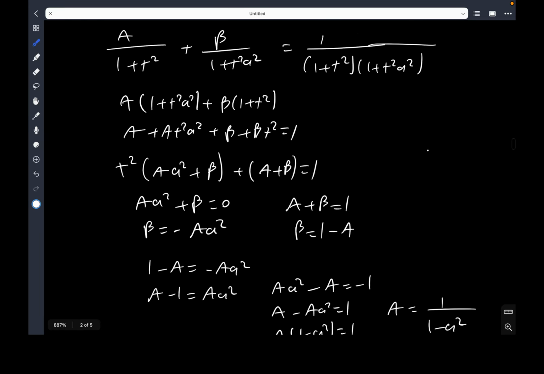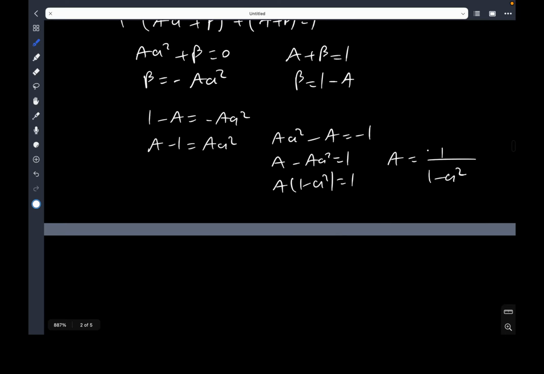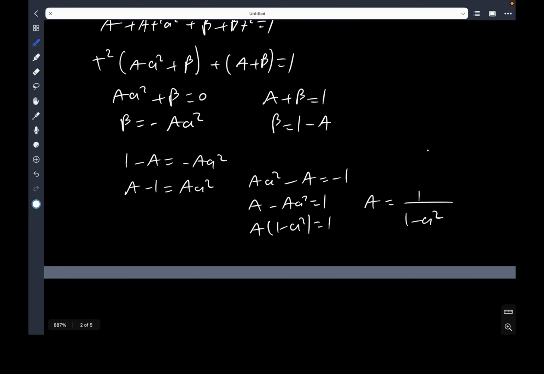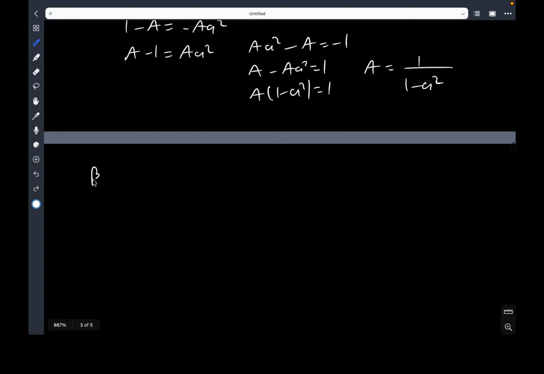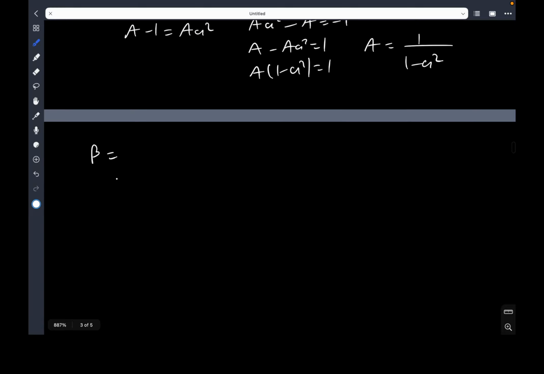And now my B is going to be negative a squared over 1 minus a squared.